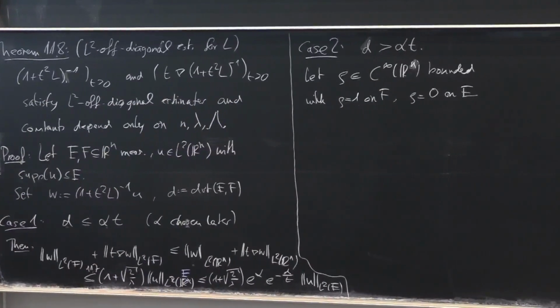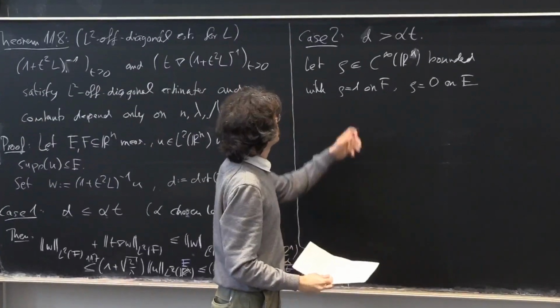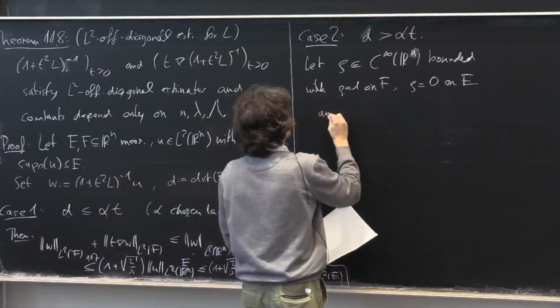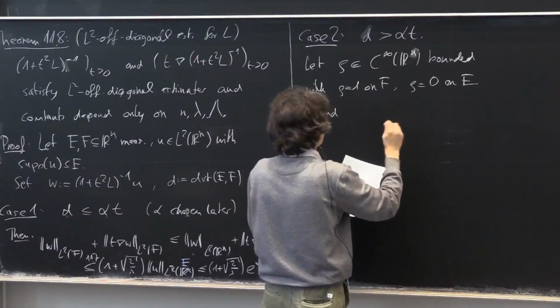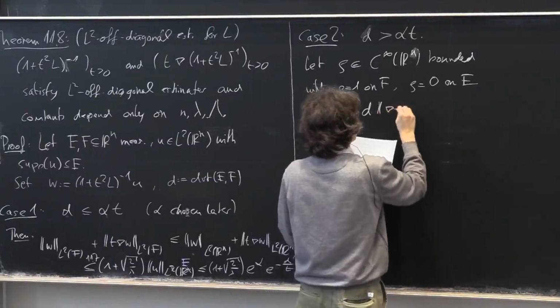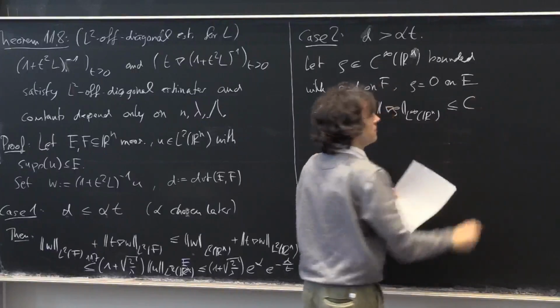So, a classical cutoff thing. E and F are far apart, so you can find such a nice differentiable function that is 1 on F and 0 on E, and you can even control the gradient because you know the distance. The distance times the gradient of rho in the L infinity norm can be bounded.